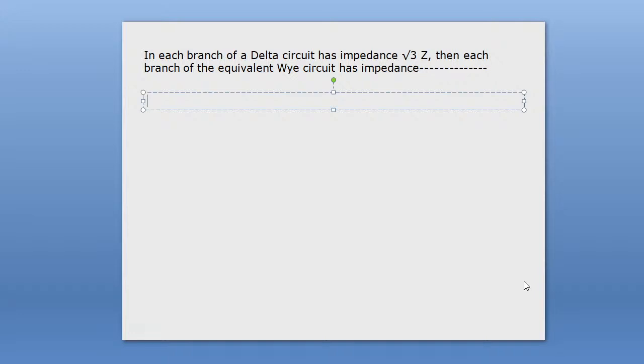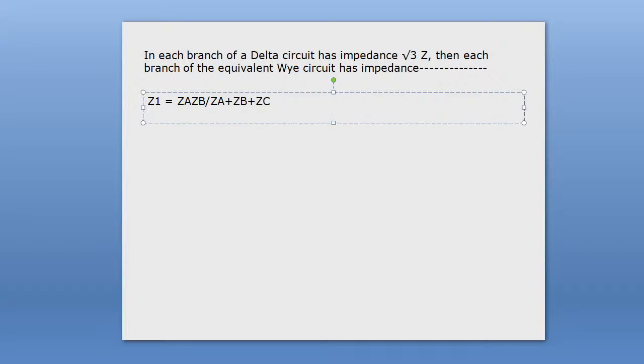If we consider Z1, Z2, Z3 as impedances of the Y circuit elements, and ZA, ZB, ZC as impedances of the delta circuit elements, then Z1 is the ratio of the product of its adjacent arms ZA and ZB divided by ZA plus ZB plus ZC.